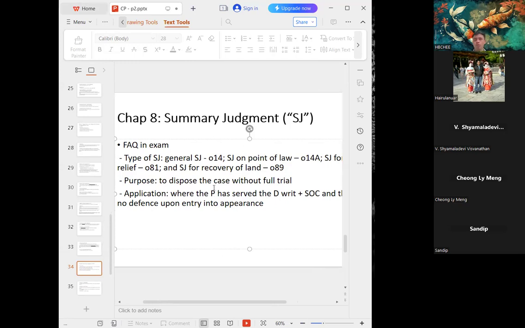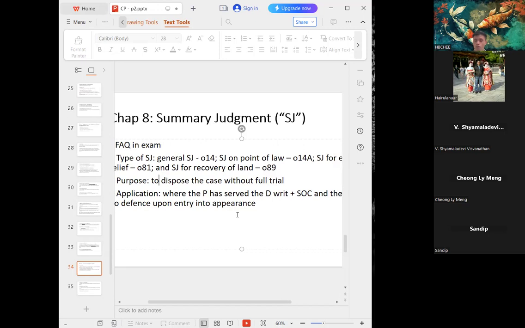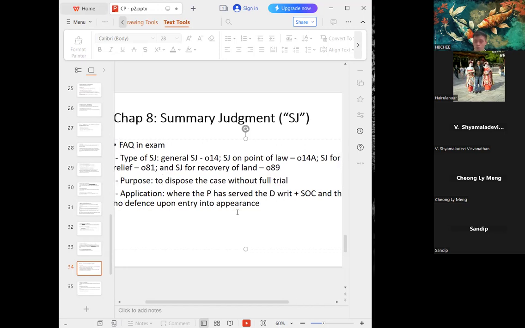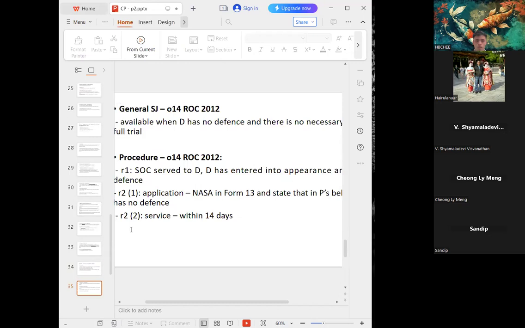So how to apply for summary judgment? In case you already served the writ and the statement of claim to the defendant, and in your view the defendant has no defense at all, upon he has entered into appearance. Now you see the general one.